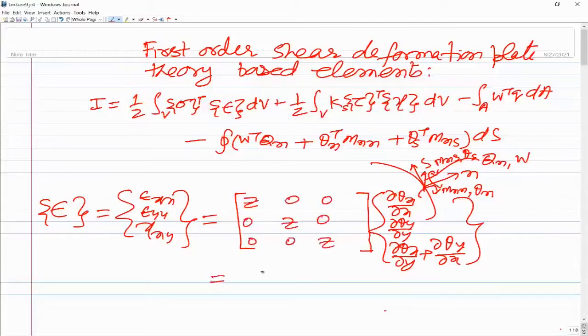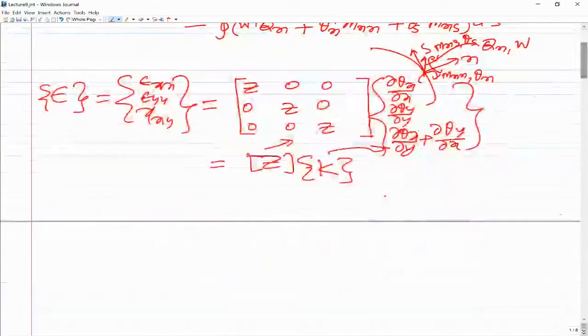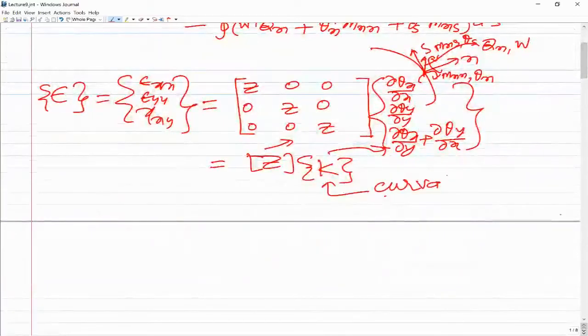So this is the z matrix, and this kappa we call the curvature tensor, with all the elements put into vector form.